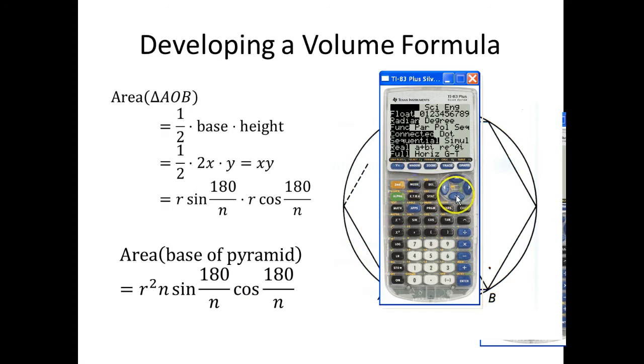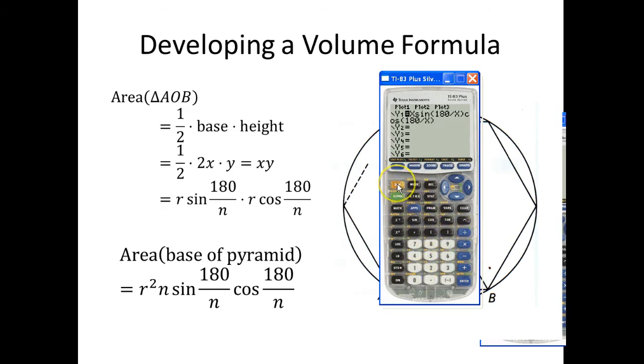First, I'm going to make sure that my calculator is in degree mode, since we're using degrees throughout. My calculator only recognizes the variable x when generating a table, so I'm going to put an x in place of n. So I have x times the sine of 180 degrees divided by x times the cosine of 180 degrees divided by x.